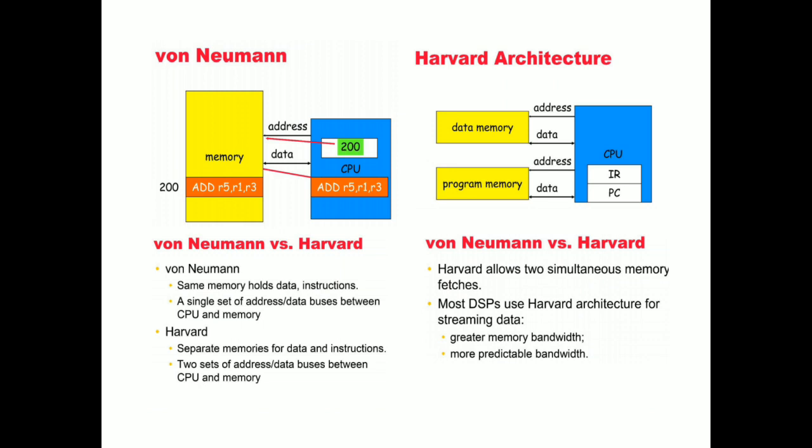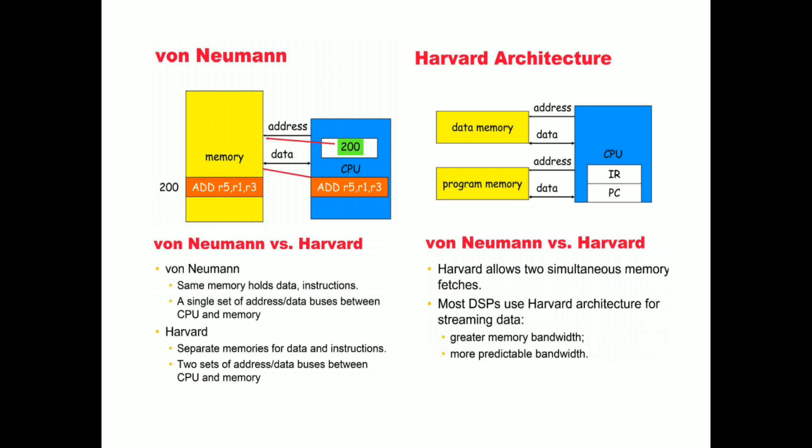So, I will also be discussing the von Neumann and Harvard architecture. I hope most of the people know these terms. Still, I'll be discussing here. So basically, von Neumann architecture refers to the architecture in which the same memory is used for storing programs as well as data.